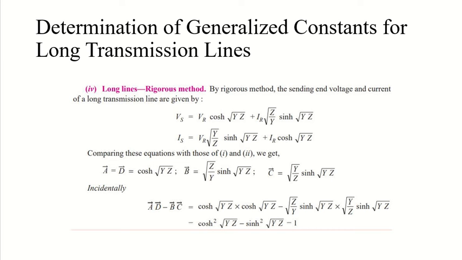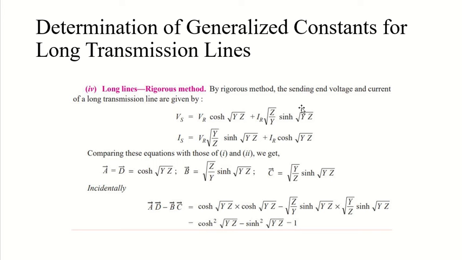And one more time, if you want to verify it, you can take the formula AD minus BC, do the multiplication and the subtraction, and at the end of this whole arithmetic operation, you will be left with only 1. If your answer is 1, that means the parameters you have derived based on this rigorous method are correct.